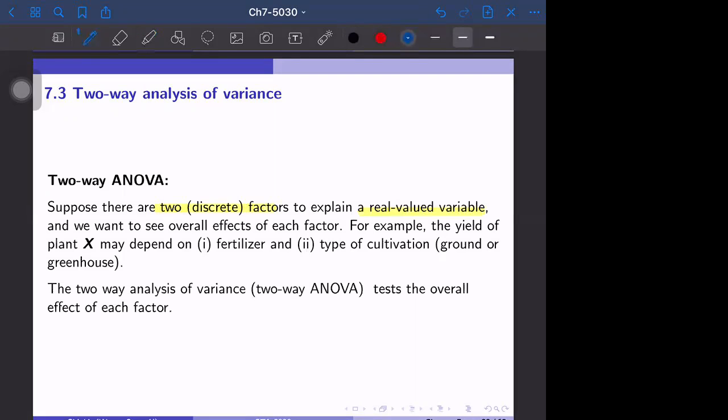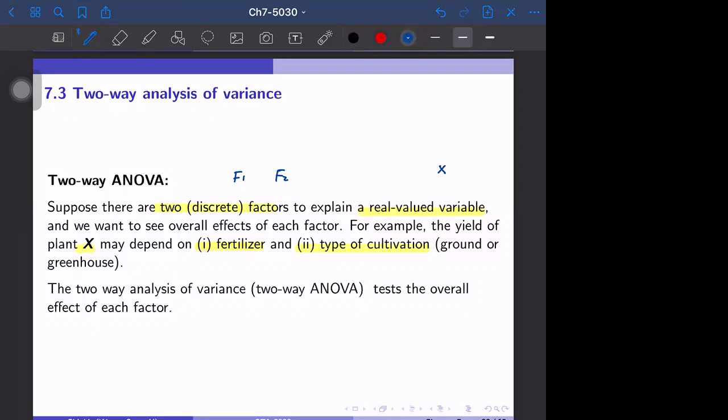Last time we only had one factor, for example the fertilizer, to explain yield. But we now have one more factor, which may be the cultivation of the plant. So now we have two factors: one factor, for example fertilizer, and the other factor, the type of cultivation, to explain the continuous x.